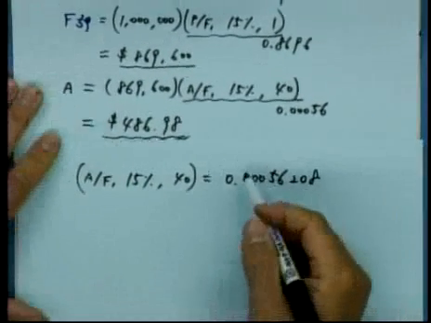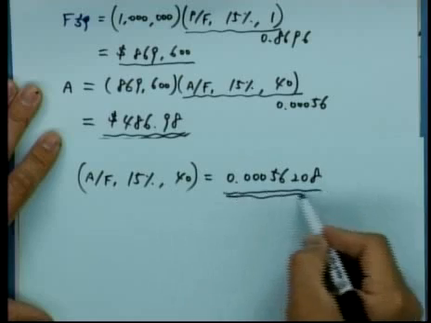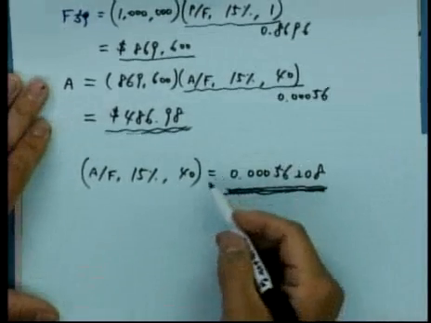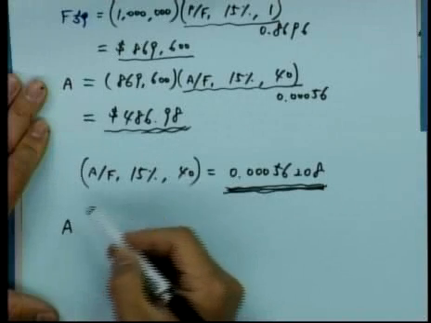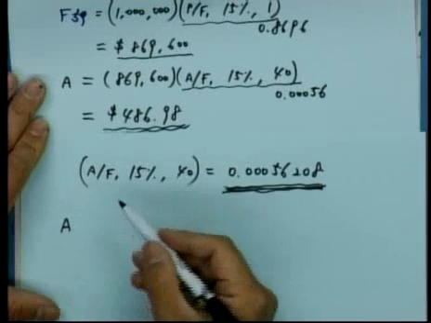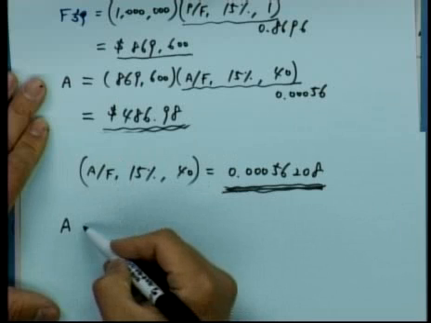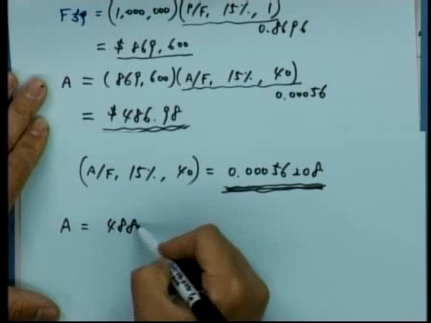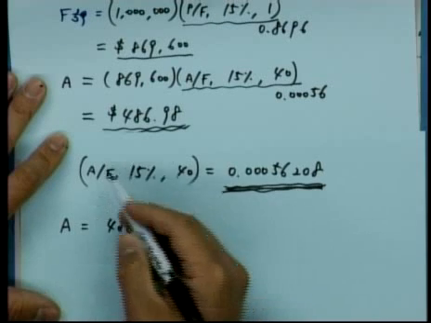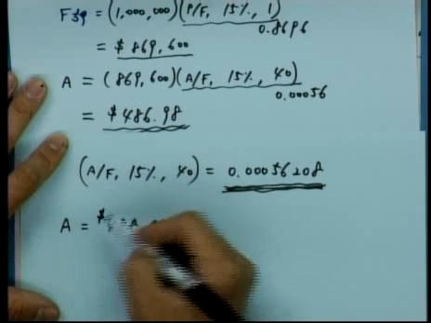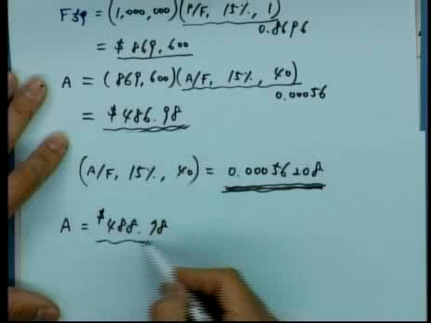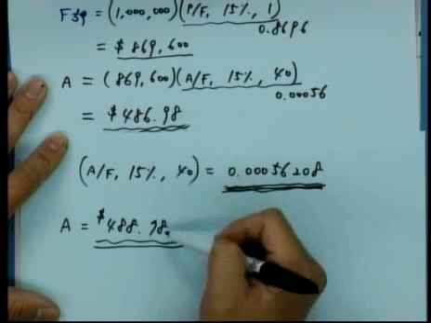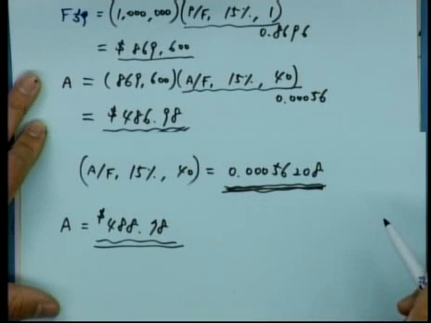So if we use this more accurate value, then he must set aside $488.78 each year. Okay, so there is a slight difference between these two values.